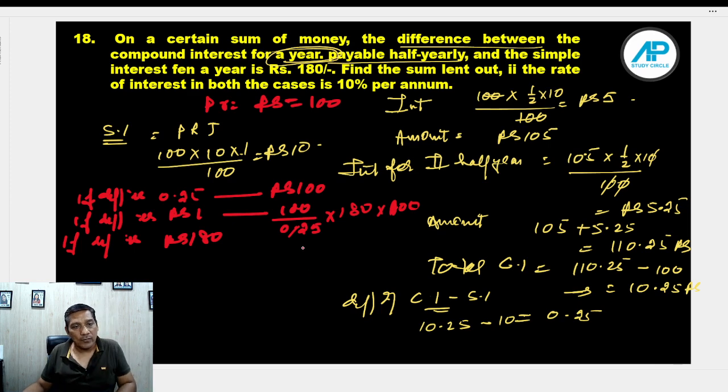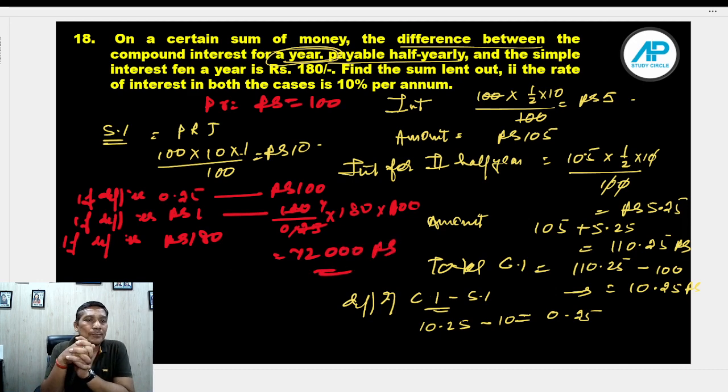So what I get out of it is 4 times 7200 rupees. My principal is rupees 72,000.